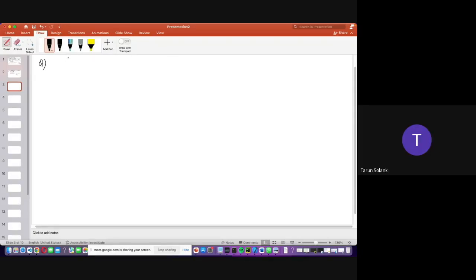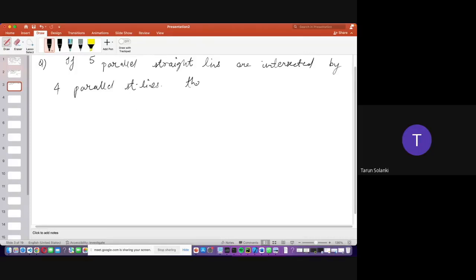Next question. If 5 parallel straight lines are intersected by 4 parallel straight lines, then the number of parallelograms formed is?